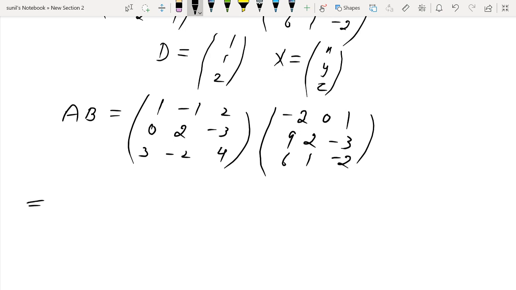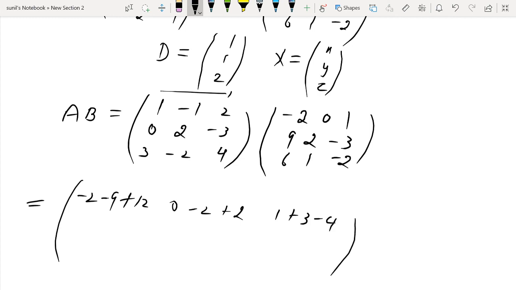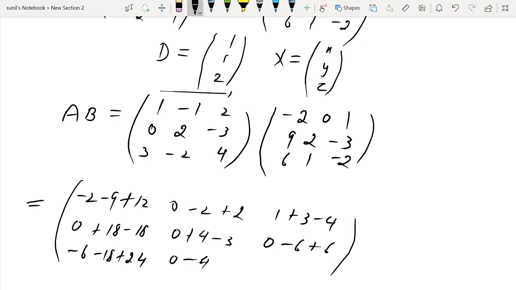Now when you calculate this product, what you will observe, it will be nothing but -2, -9 plus 12, then 0 -2 plus 2, then 1 plus 3 -4, then 0 plus 18 -18, 0 plus 4 -3, then 0 -6 plus 6, then -6 -18 plus 24, then 0 -4 plus 4, and it is 3 plus 6 and -8.